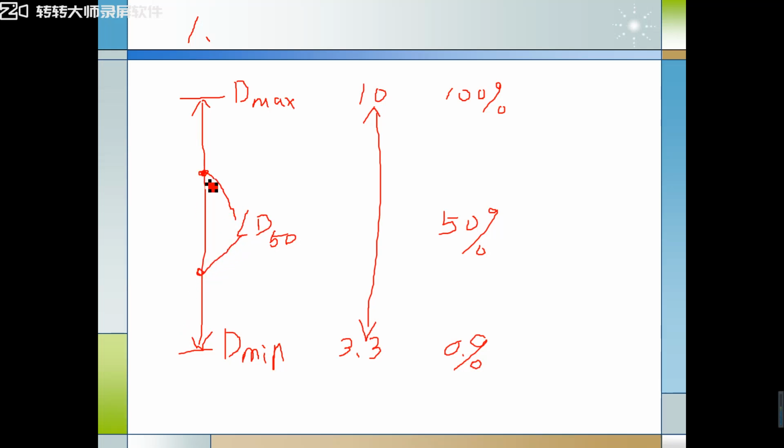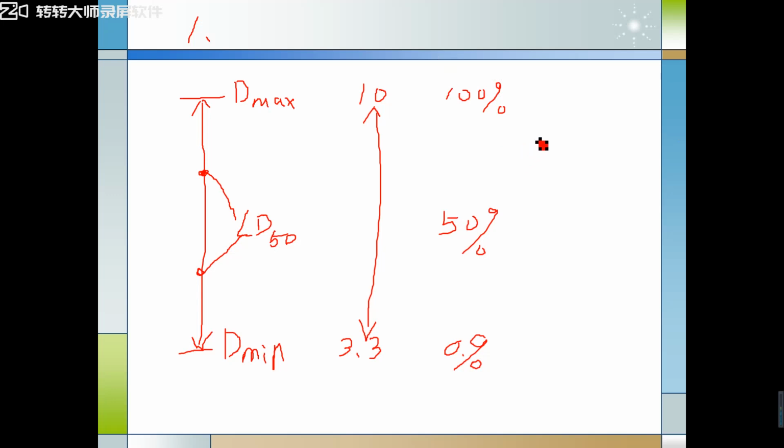We don't know the details. But in the first step of Karber's method, we know LD50 is between Dmax and Dmin.